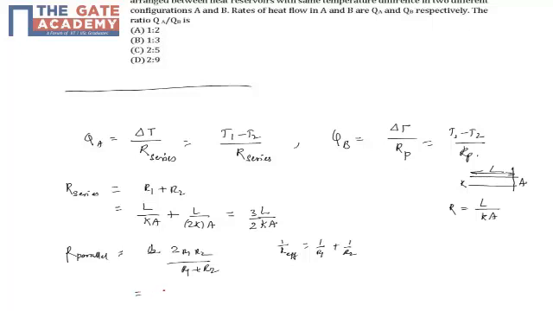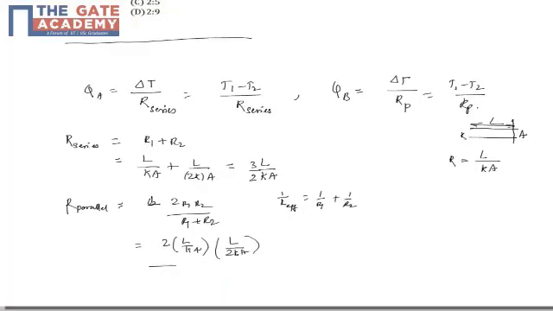Now we need to substitute this L by KA and L by 2KA. The L by KA gets cancelled out in the numerator, so it will be 2 by 3.